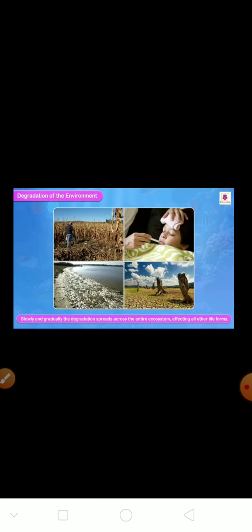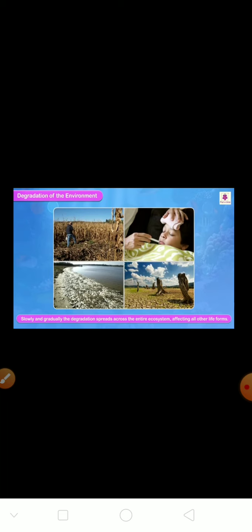See in this picture. Afterwards, all these degrade. The environment degrades slowly and gradually. The degradation spreads across the entire ecosystem. It is also affecting all other life forms. So it is not only our life, animals' life is there, in all living things life is there.